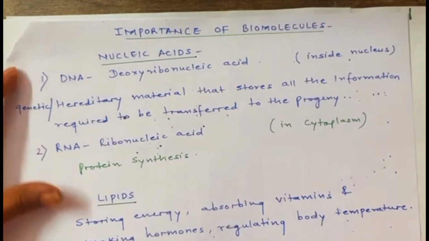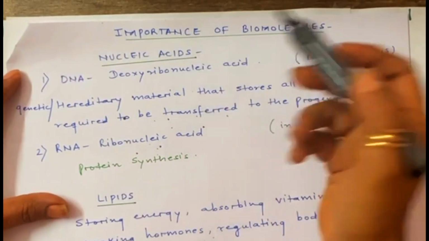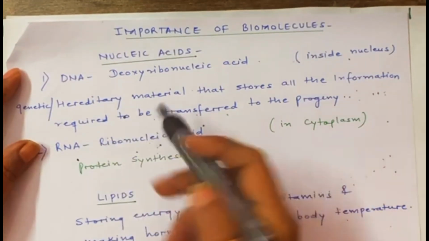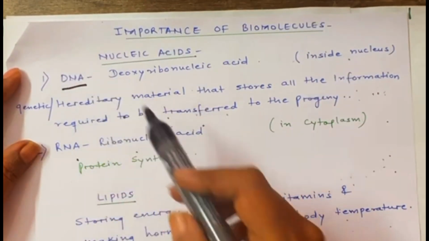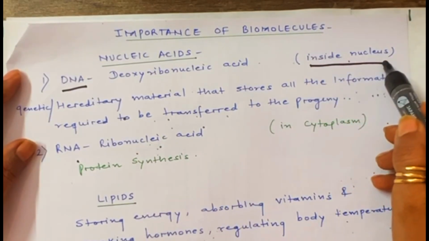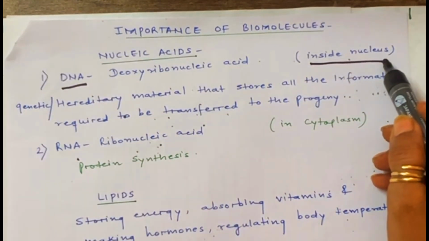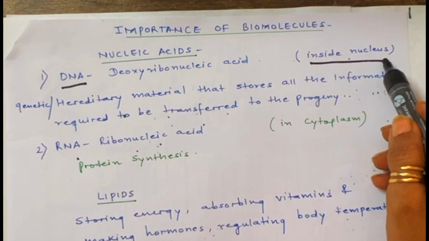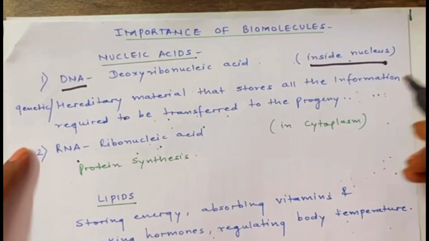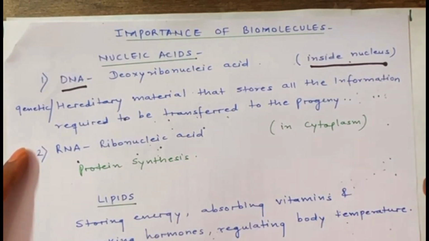Then we have the next biomolecules, nucleic acids. If you remember, they are DNA and RNA. The first one is deoxyribonucleic acid. It is present inside the nucleus, and the function of DNA is transmission of hereditary characteristics from the parents to the offspring, which means that you may look like your parents because the responsible species for that is DNA, which has the coded information.